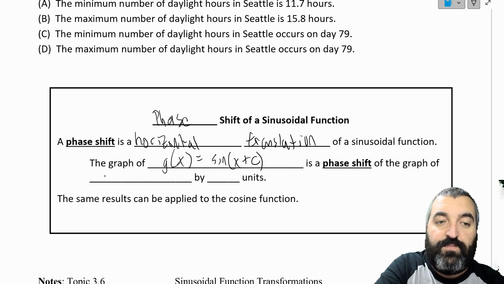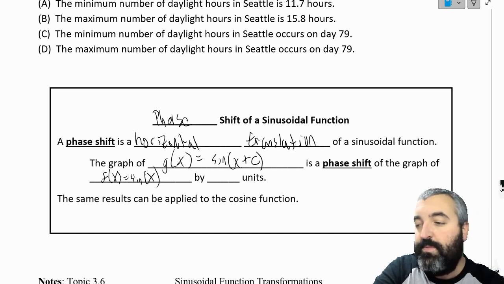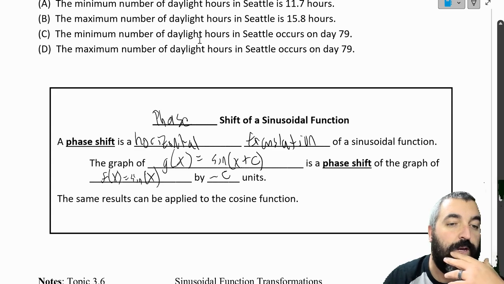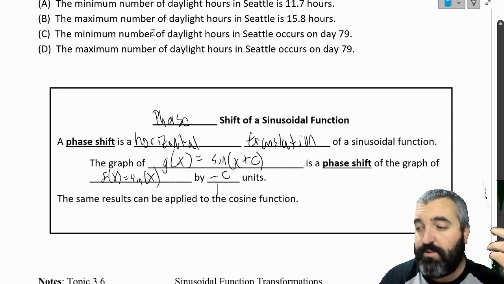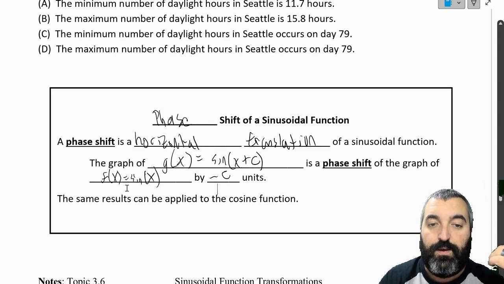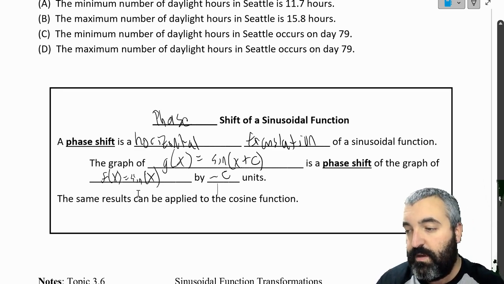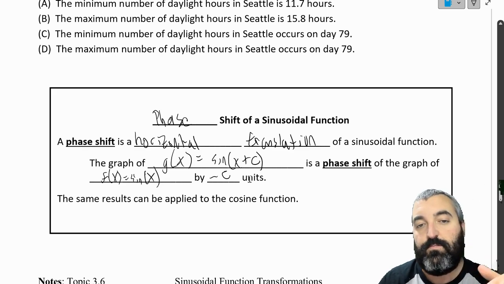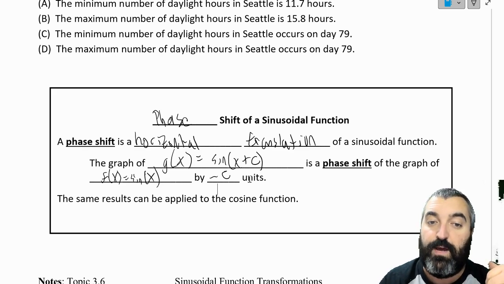It is the phase shift of the graph of f of x, which is just sine of x here, by negative c units. And the same thing works for cosine. So if you had a plus pi, you'd be moving to the left pi. If you have a minus pi, you're moving to the right pi units.